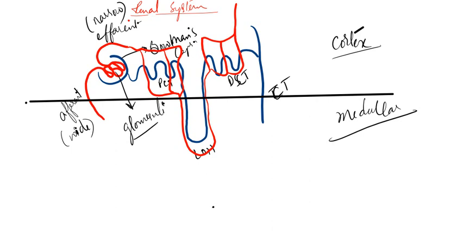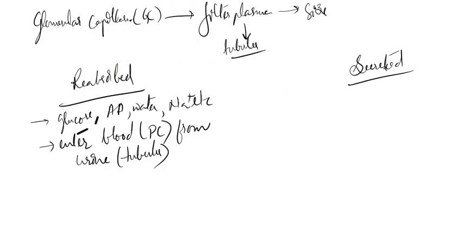Now what are the things that are secreted? This is also important. Bad substances like uric acid, and solutes like drugs, toxins, metabolites, urea, are all removed from the blood into the urine tubules.